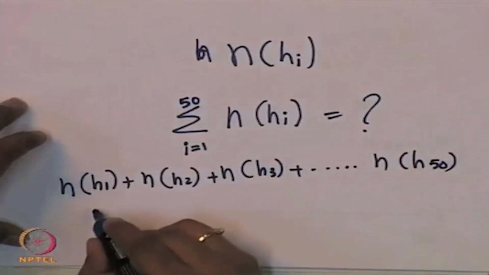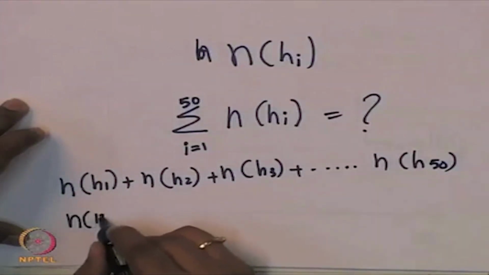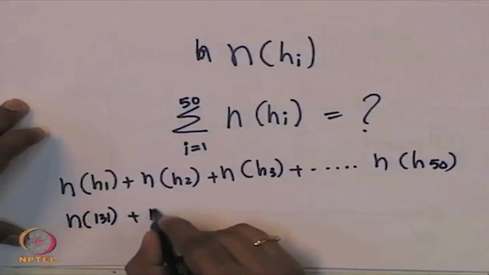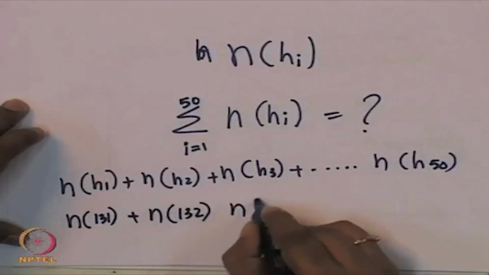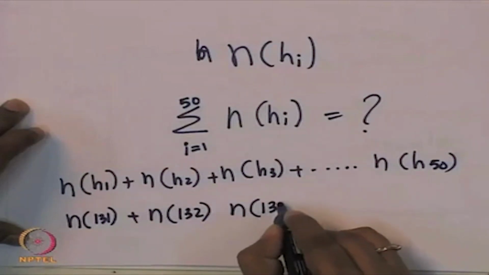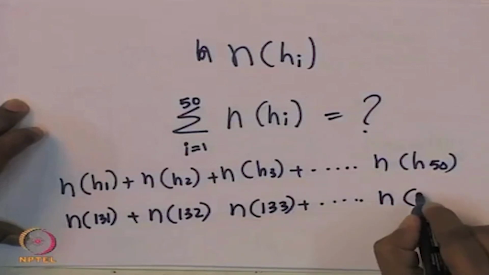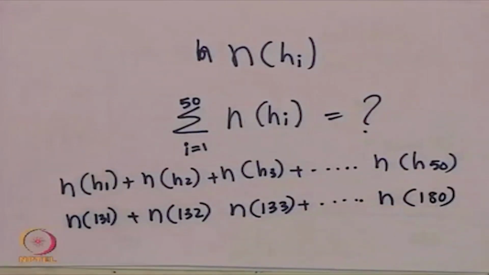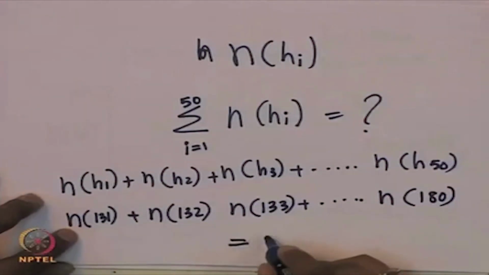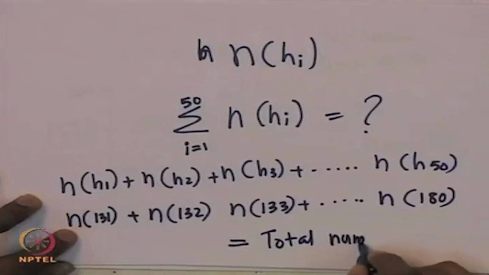So, let us say H1 is 131 centimeter. So, this is the number of students having 131 centimeter, number of students having height 132 centimeter, number of students having height 133 centimeter, plus dot dot dot, number of students having height 180 centimeter. So, this will give you the total number of students.